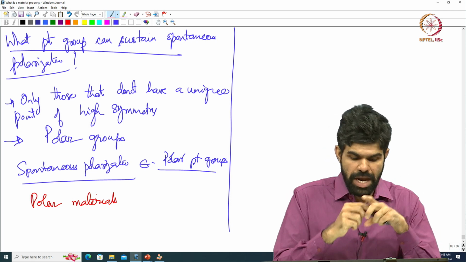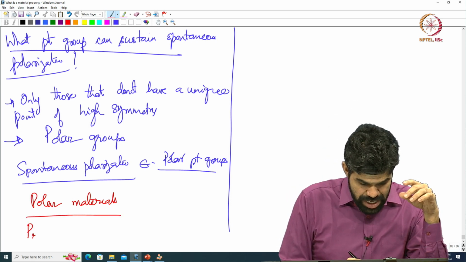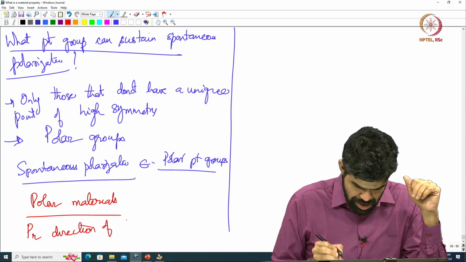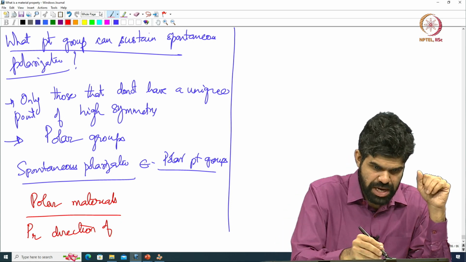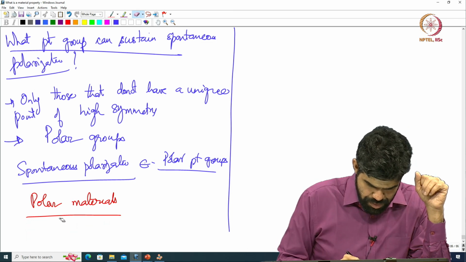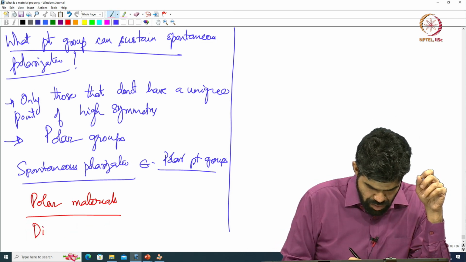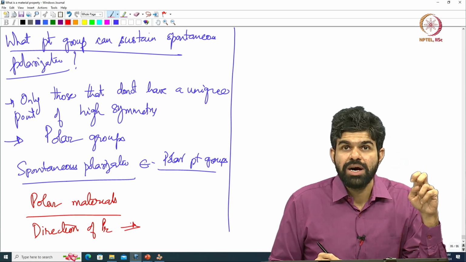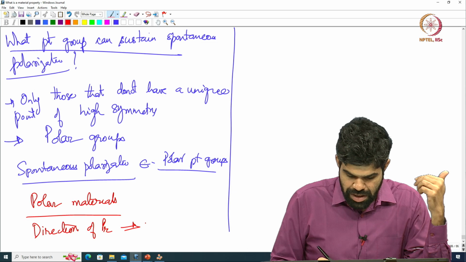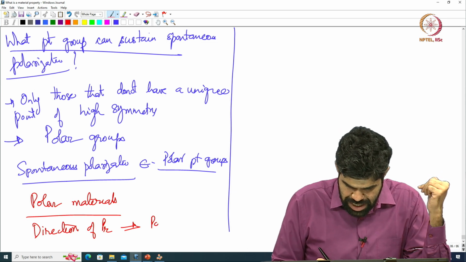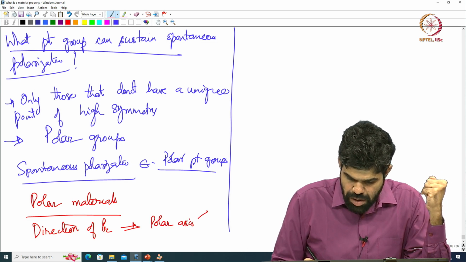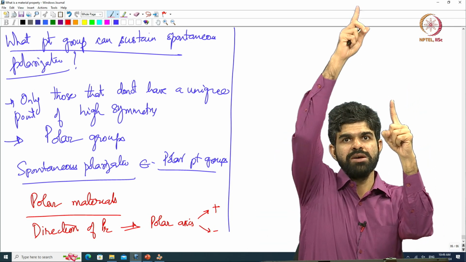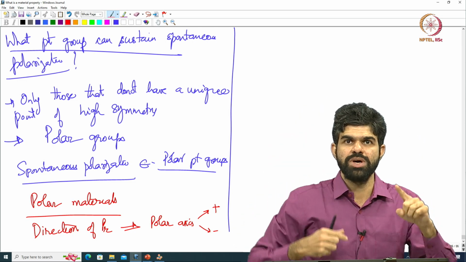And the direction of spontaneous polarization, the direction of PR, is either the positive side of the polar axis or the negative side of the polar axis. So, if I have a two-fold axis, the polarization can either be pointing up or pointing down, right.